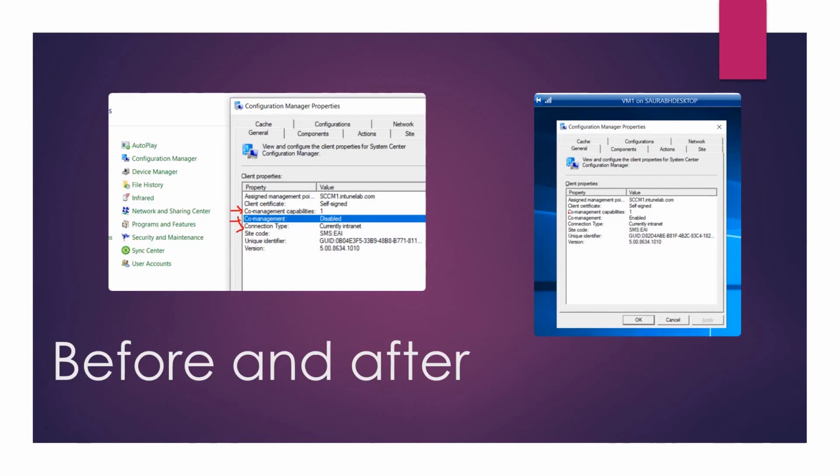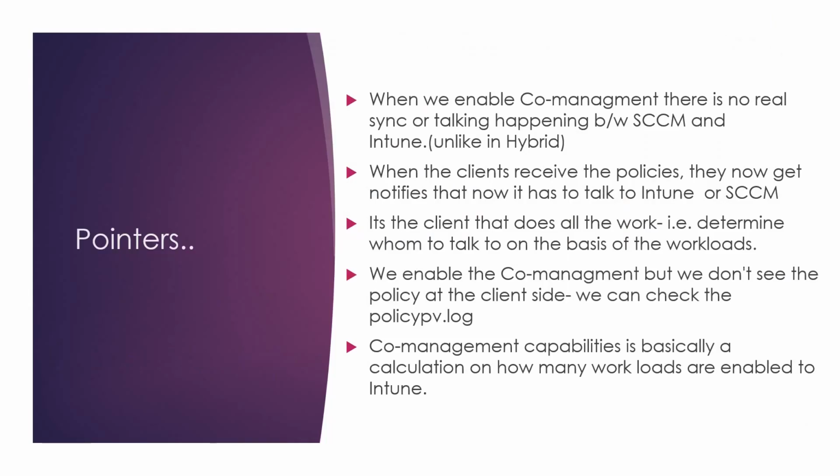However, later on, once we connected our SCCM console to our tenant, did the auto enrollment, added the device to the pilot group, and enabled co-management, the co-management was enabled. However, at this point the co-management capabilities was still set at 1, which is 2 to the power 0, which means that everything is still being managed via SCCM and not via Intune.